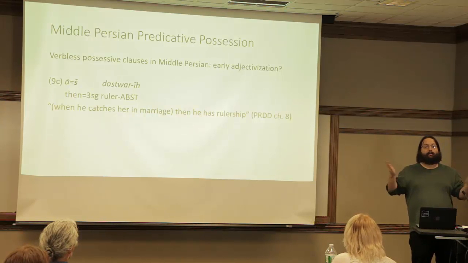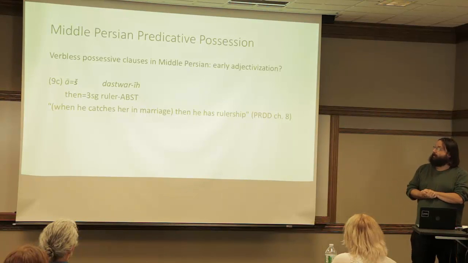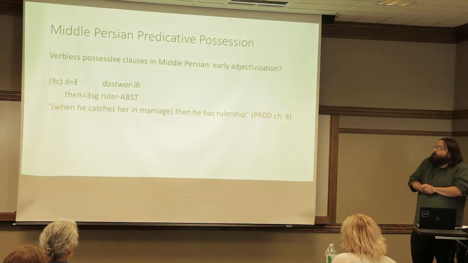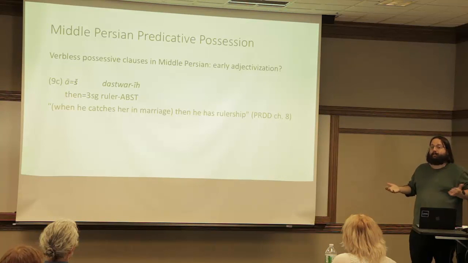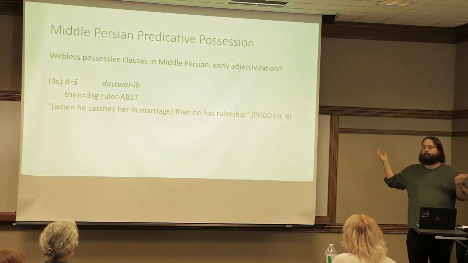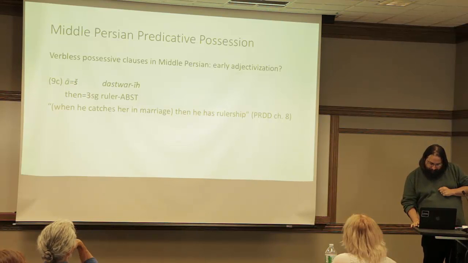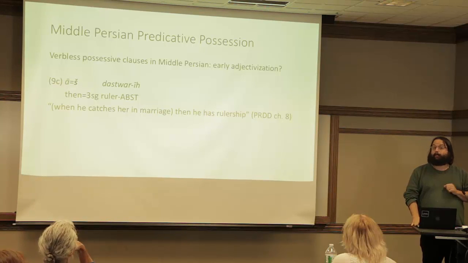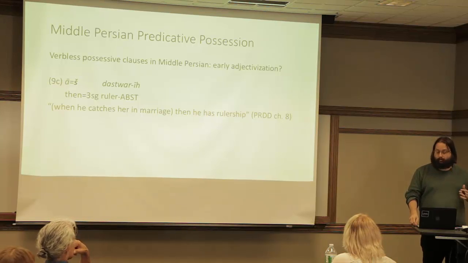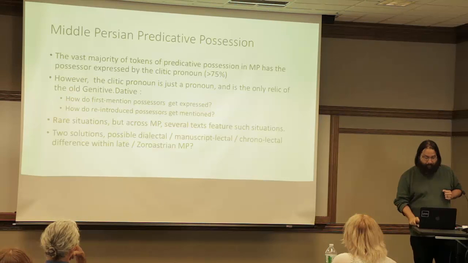There is no be verb in the immediate vicinity. So here we have a man who catches a woman and marries her, and then he has rulership over her, which is not the case. So this is actually a pretty common situation where you just don't need the verb in Middle Persian.